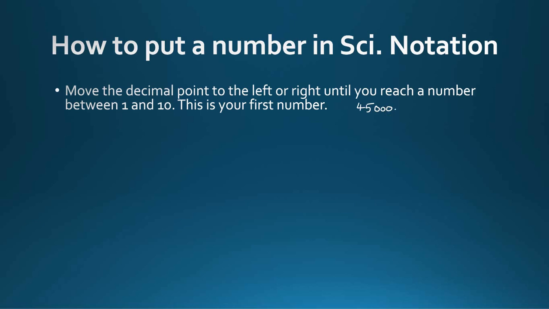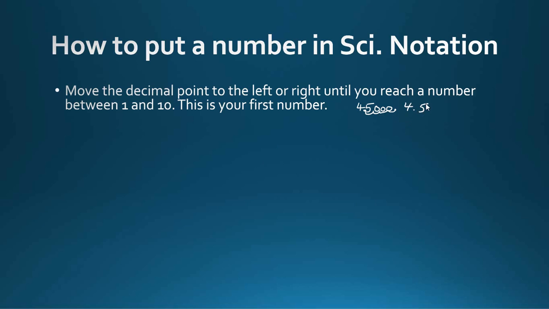We can assume that at the end of the number there's a decimal point. We move that decimal point to the left until we get to a number between 1 and 10. In this case, 4.5 is a number between 1 and 10. That's our first number.